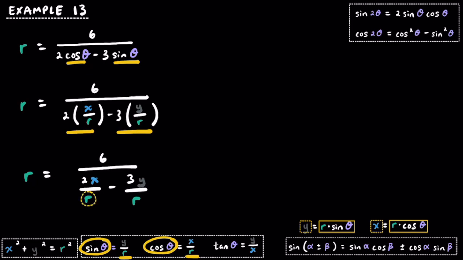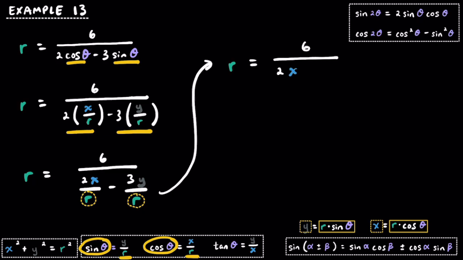Notice how we have common denominators in the denominator. I know it's a little confusing, but that's actually kind of nice. So we can continue this up here. On the left side, r is equal to 6 over, and on the numerator of the denominator, we can write 2x minus the 3y, all over r, and let's just write r one time.